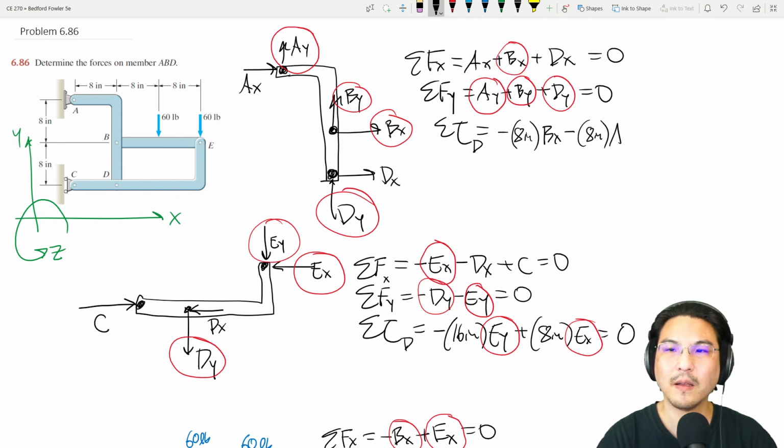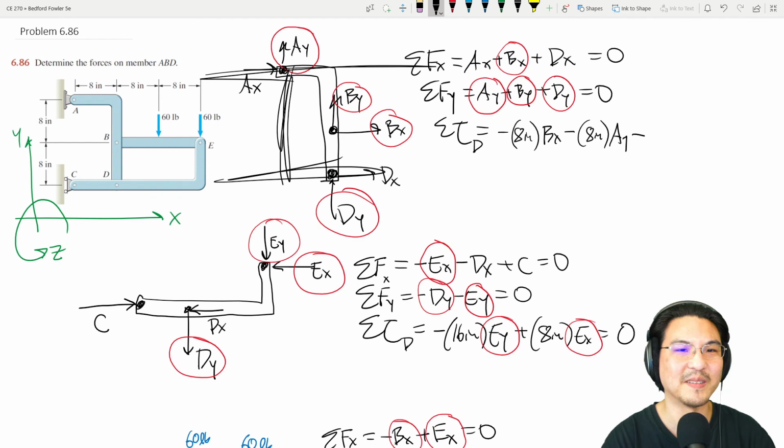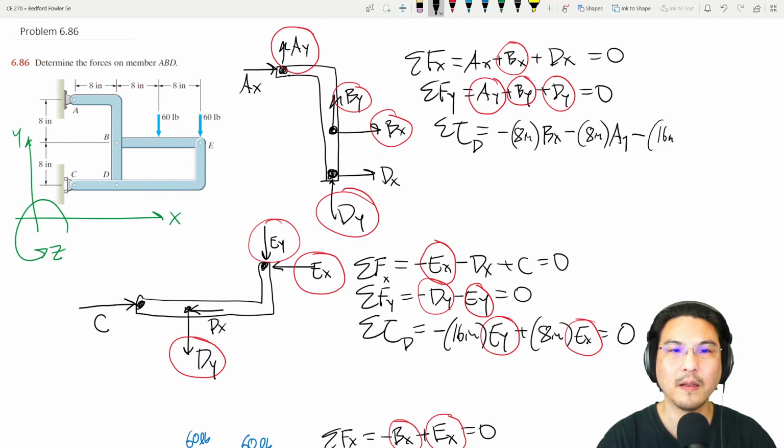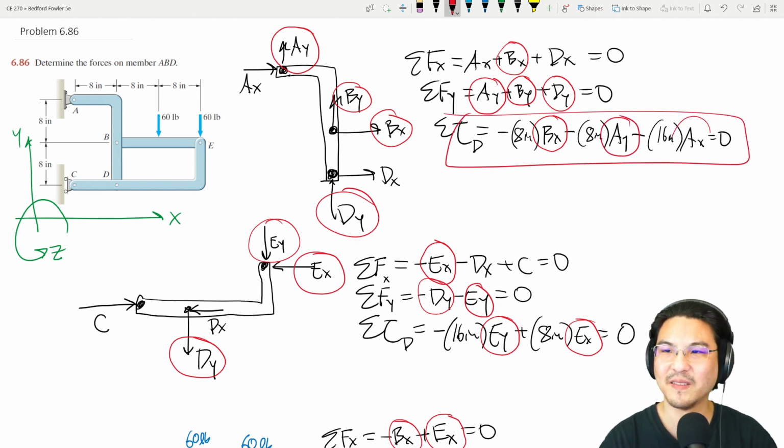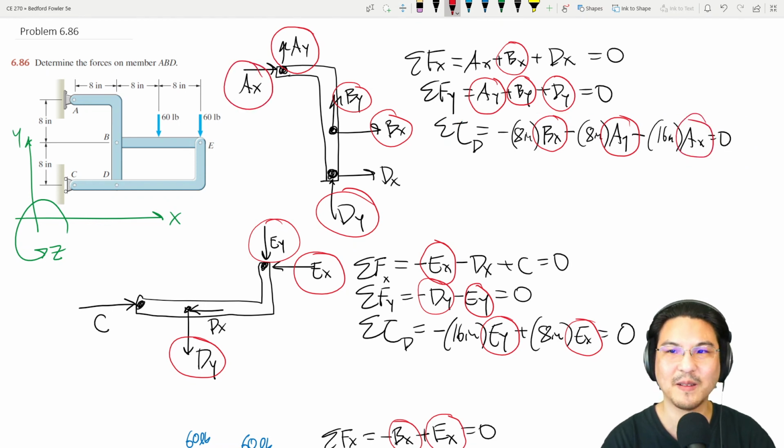And then there's torque from AX, which is in the negative direction. And here to here is 16. Okay, and then we already know BX, we already know AY. The only unknown left, AX. Okay, so solve for AX. Got it.